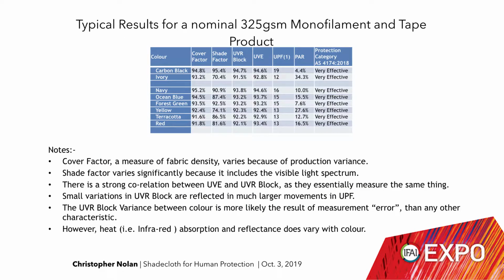Now let's have a look at the typical results of ultraviolet protection for a 325 GSM monofilament and tape. Now this table has been deliberately set up so that the first value you've got is black and the second value you've got is ivory.